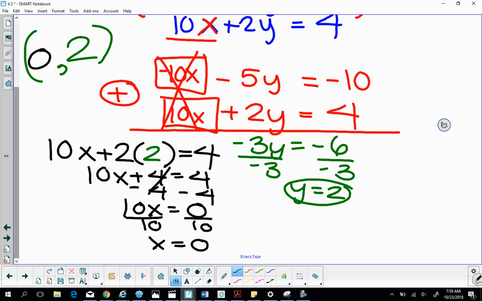If x equals is your equation, then it would be an undefined slope. But what about just the point 0, 2? It's something intercept. Y-intercept. So when your x is 0, that's your y-intercept. So not only do they cross at 0, 2, it's also your y-intercept.